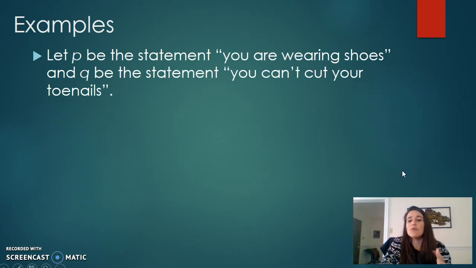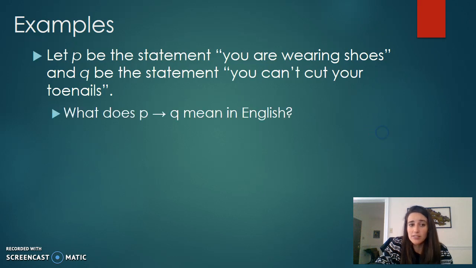So as an example, if we let the letter P represent the statement you are wearing shoes, and the letter Q represent the statement you can't cut your toenails, what does P right arrow Q mean in English?